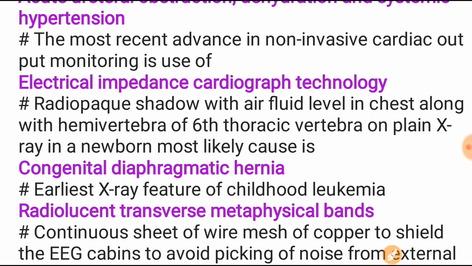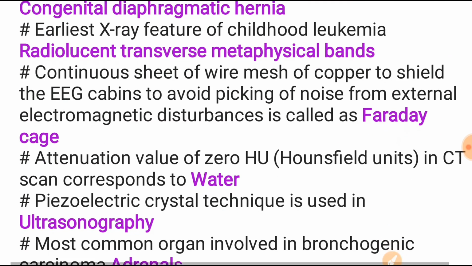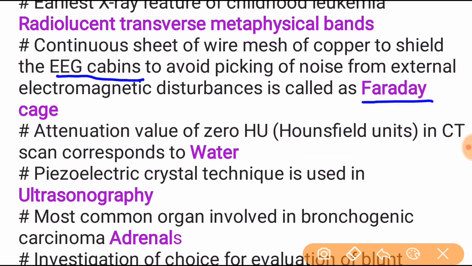Earliest X-ray feature of childhood leukemia: radiolucent transverse metaphyseal bands. A container sheet of wire mesh of copper to shield the EEG cabinet, to avoid picking up noise from external electromagnetic disturbance, is called Faraday's cage.